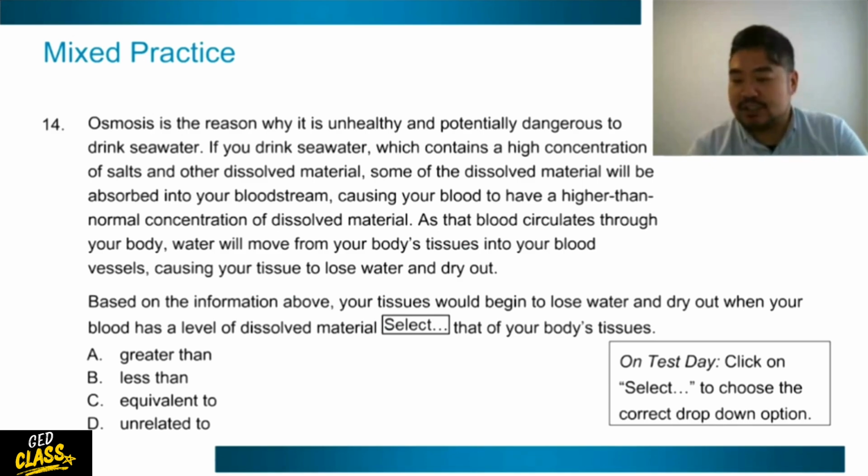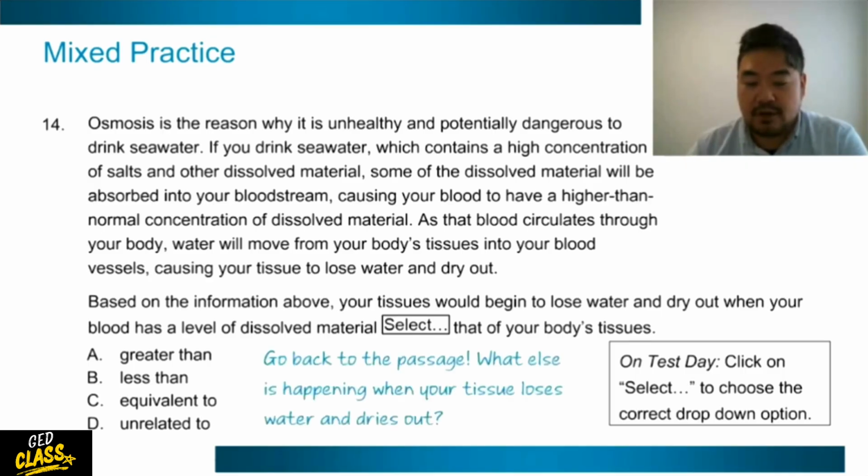So the question says your tissues will begin to lose water and dry out when your blood has a level of dissolved material, how related to your body's tissues. So in this one, we can go back to the passage. What else is happening when your tissues lose water and dry out? We see that in the last sentence: as that blood circulates through your body, water will move from your body's tissues into your blood vessels.